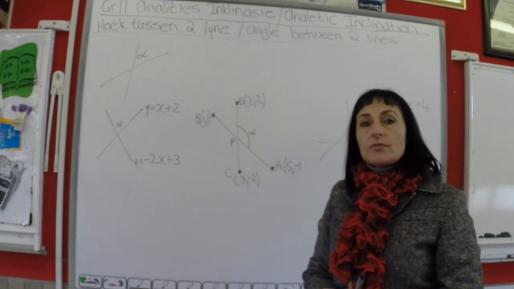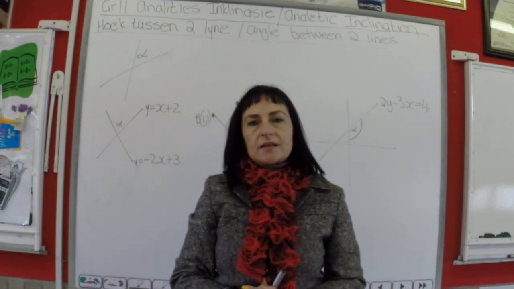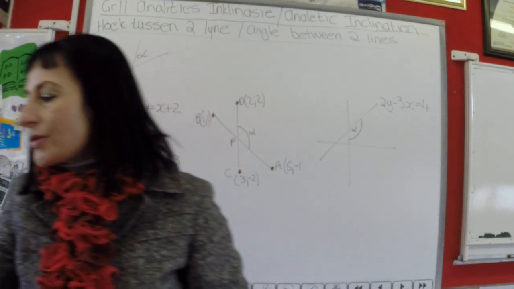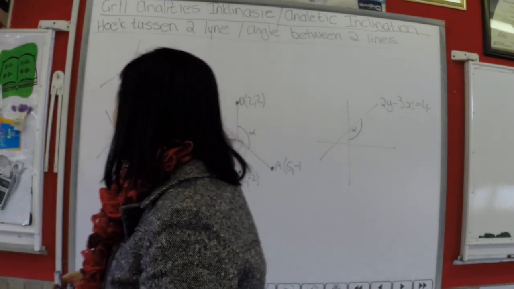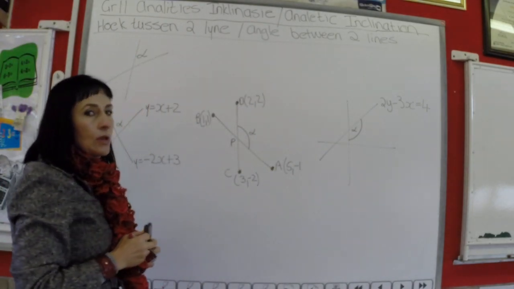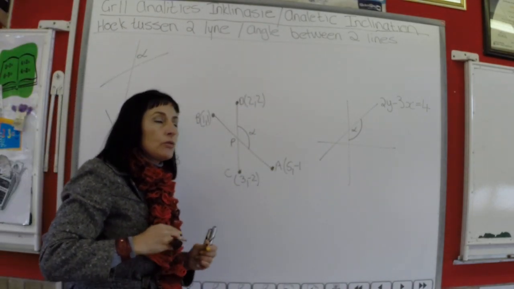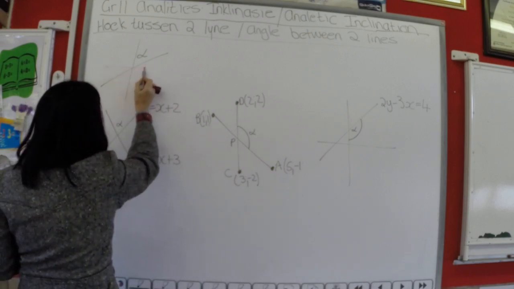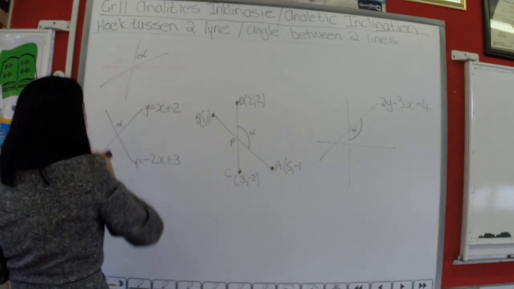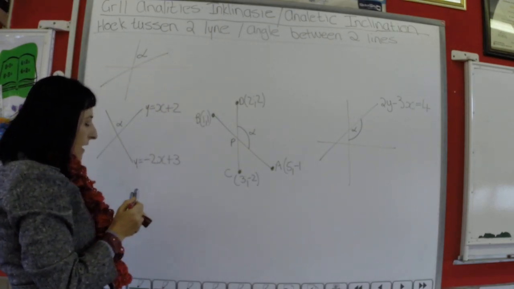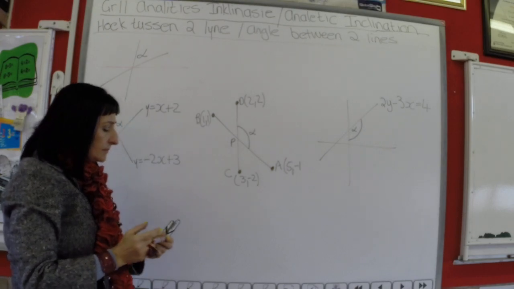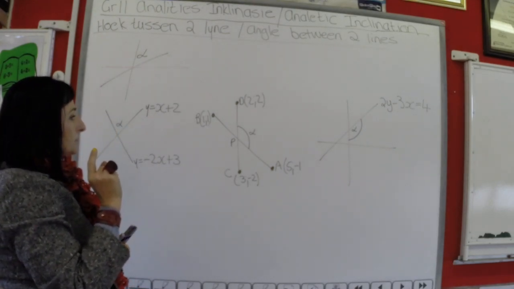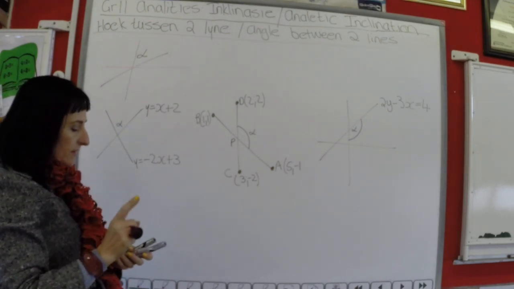Now the first thing that you must do when you get sums like this is you must go and draw in your horizontal. Very, very important. So your horizontal is good if you draw it in where the two lines cross each other over there. I draw in my horizontal and now I can see two inclination angles.